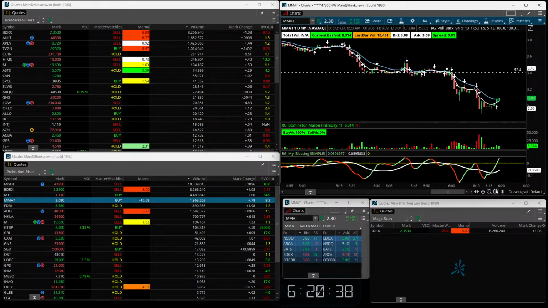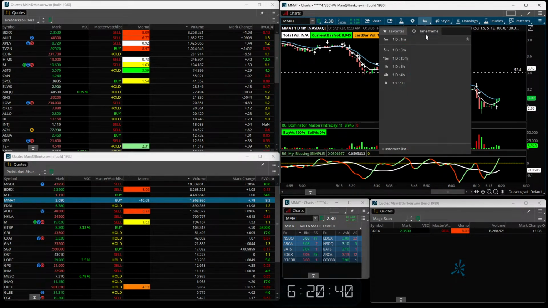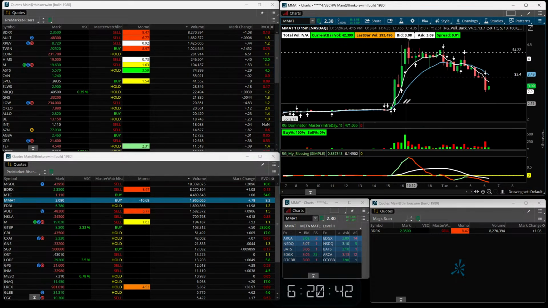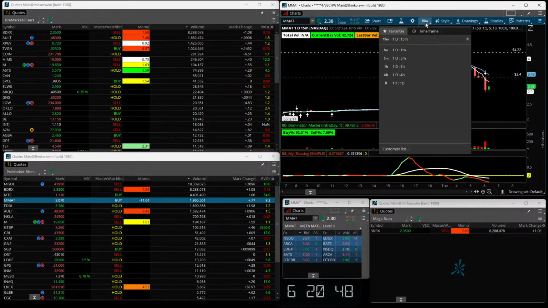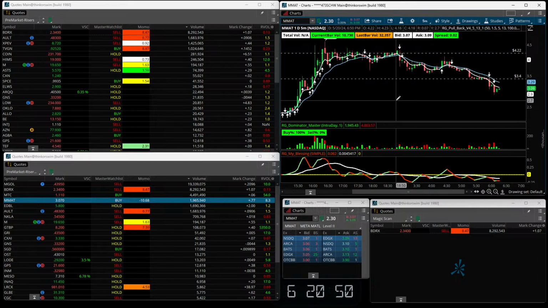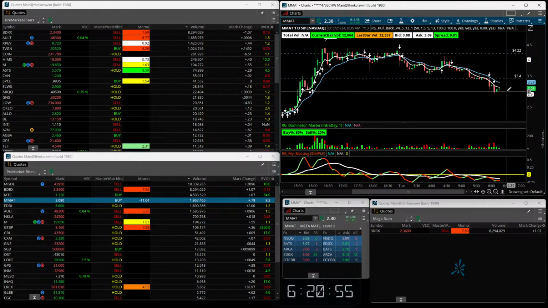Let's back out of it and see what it looks like. Let's go to a 15-minute chart. This is what it's currently doing. Let's go to a 5-minute chart. Same type trade. Rounding over.